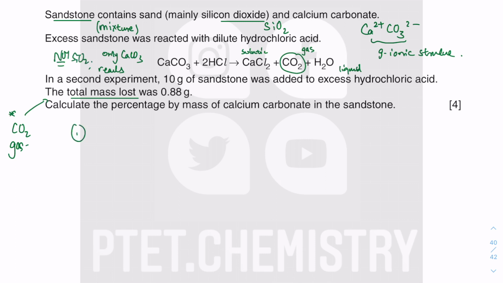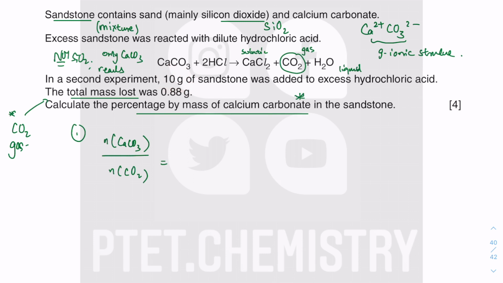So what I can say is, from this equation, the mole of calcium carbonate over the mole of CO2. I want to know how much calcium carbonate is present in this 10 gram, which is why they want the percentage by mass of calcium carbonate in the sandstone. Out of the 10 gram, what is the mass of calcium carbonate present?